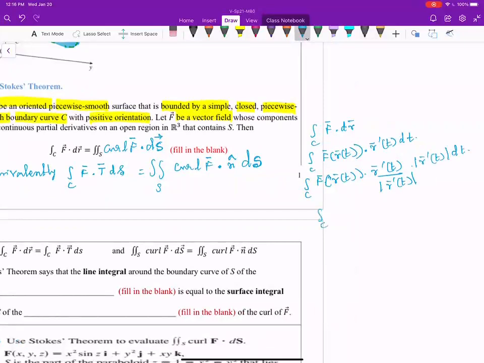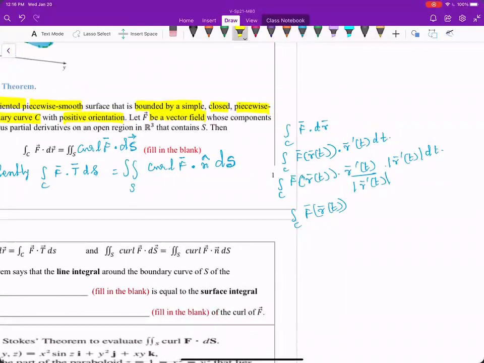So this will be the integral over C of F of r of t, and this part is nothing but the unit tangent. So that can be written as dot T, the unit tangent vector. And then we know that this part, absolute length of r prime t dt, is equivalent to writing the lowercase s, which is the arc length.